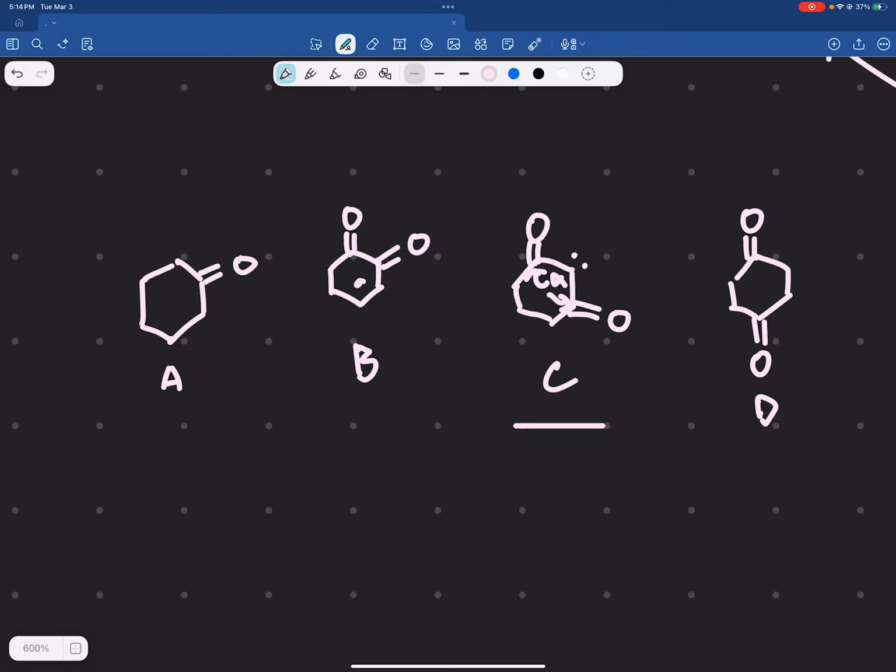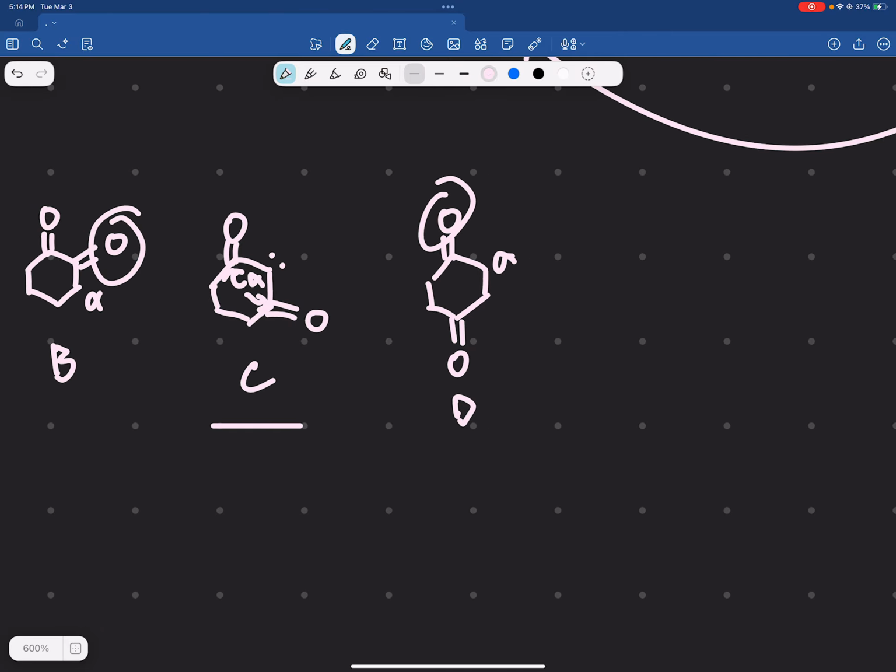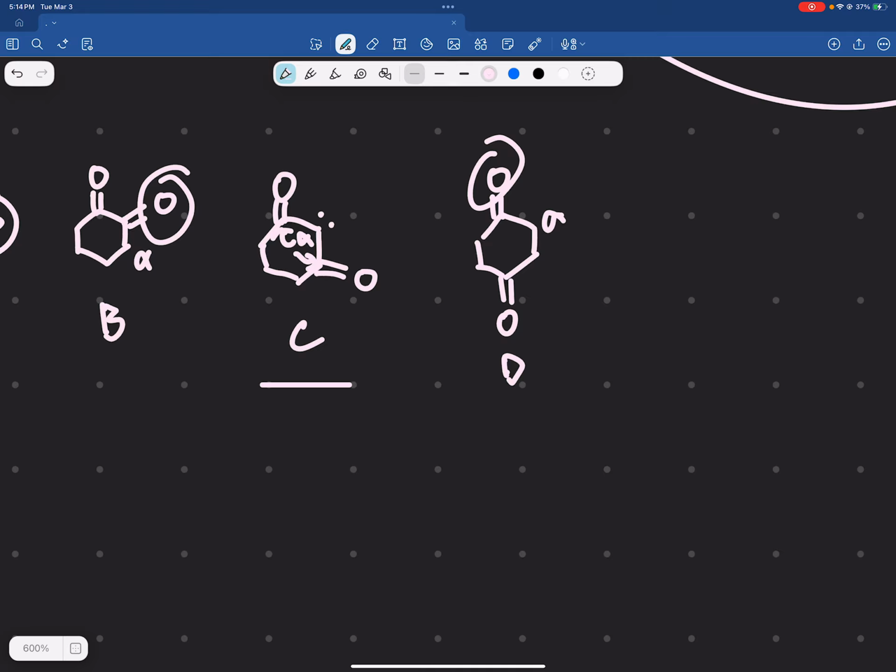And if we had an alpha carbon here, it can only be stabilized by one. If we had an alpha carbon there, it can only be stabilized by one. And if we had an alpha carbon here, it can only be stabilized by one. So C is going to be the most acidic carbonyl compound.